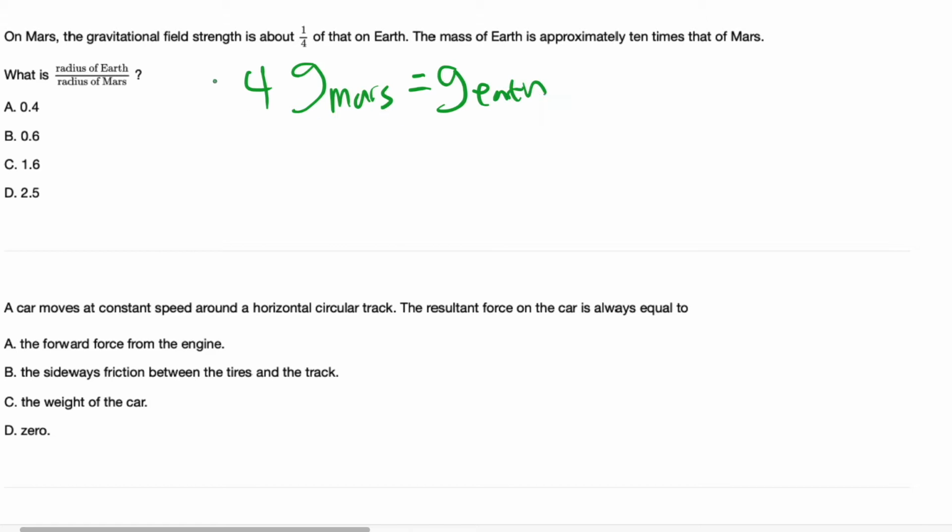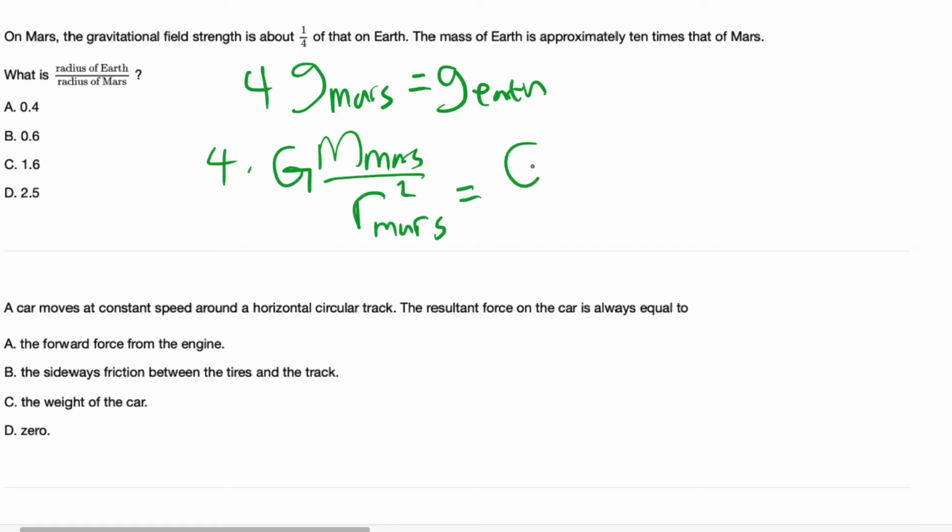And now we can make an equation by using this relationship here. So 4 multiplied by G constant times the mass of Mars divided by their radius squared is going to be equal to G constant times the mass of Earth, which is 10 times that of Mars.